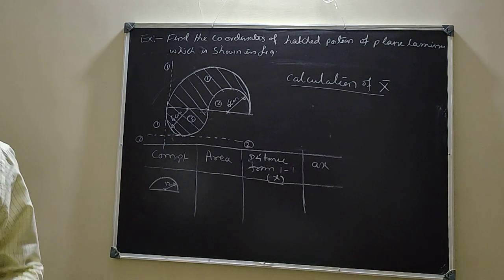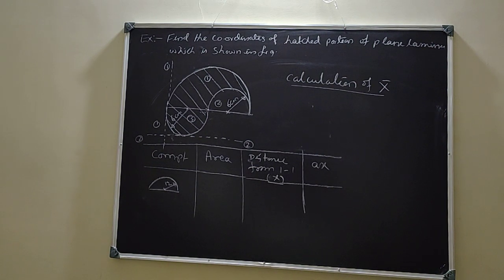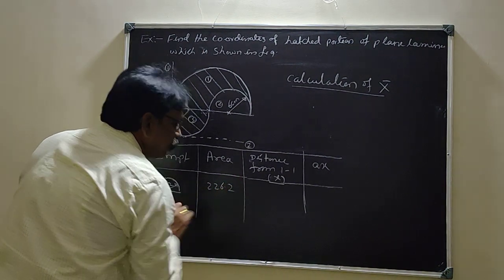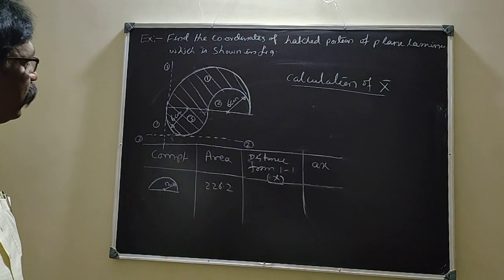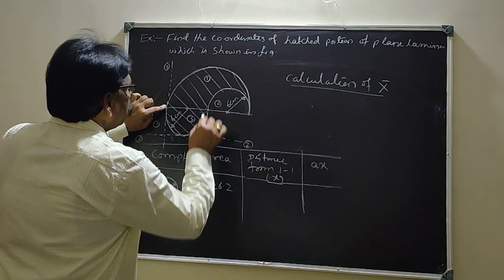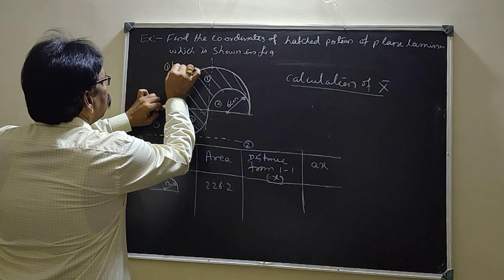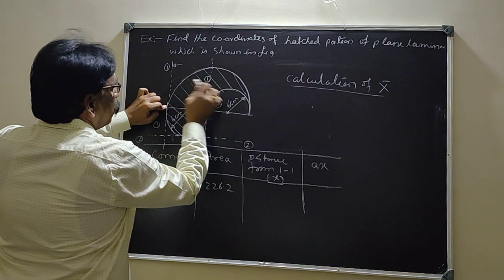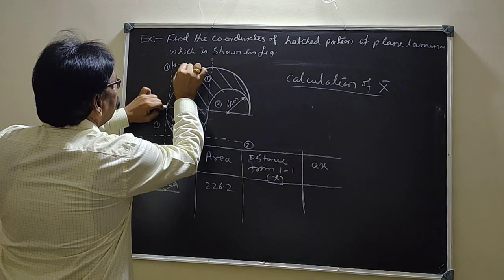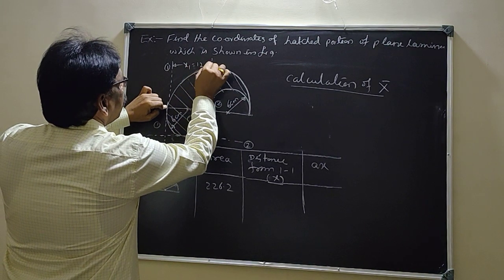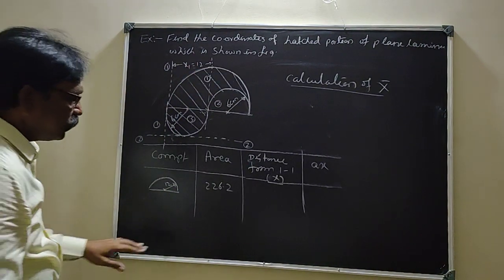Now area of that one will be 226.2 centimeter square, and then centroidal distance of this one will be, it is symmetrical about the y-axis, so this will be your x1, that is equal to 12 centimeter.